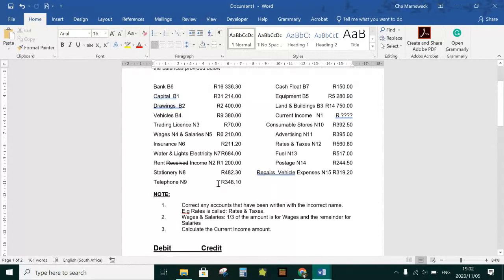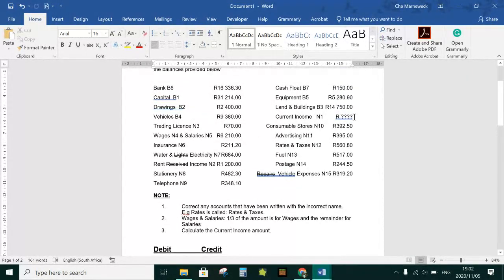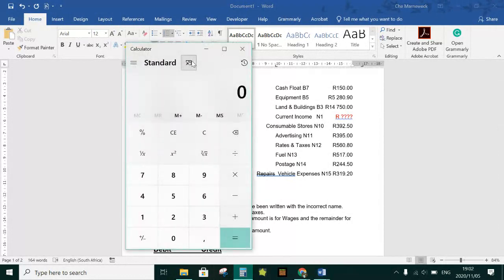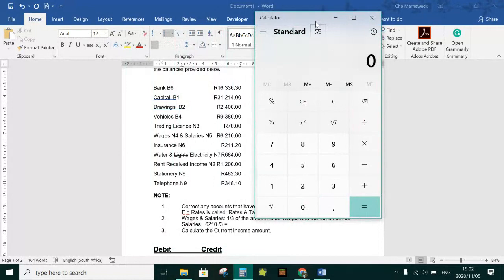Before we can decide the side, we need to work out our different amounts. We can see current income needs to be calculated. Correcting accounts have been written with the incorrect name. We've done that. Wages and salaries: a third of the amount is for wages and the remainder for salaries. So we take the wages and salary amount, 6,210, divided by 3, which gives me 2,070.